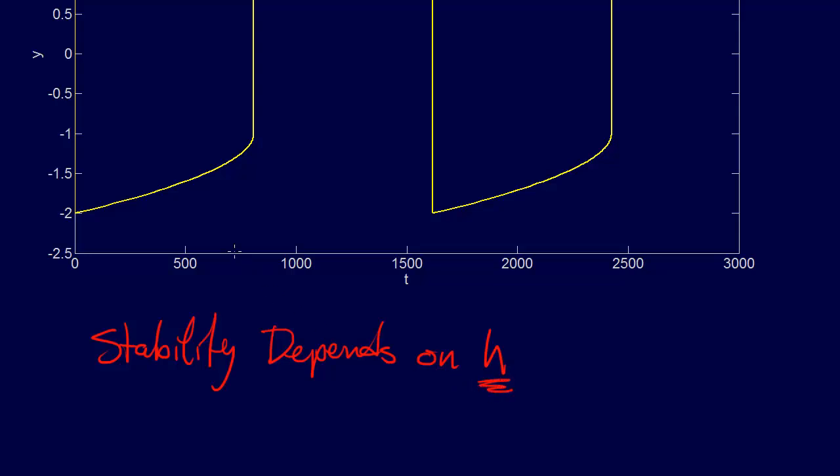And this isn't just the stability for one little region. This is the stability for the whole problem. So if you don't use a really small h for the whole problem, not just the part where it's rapidly changing, then you have some serious issues.